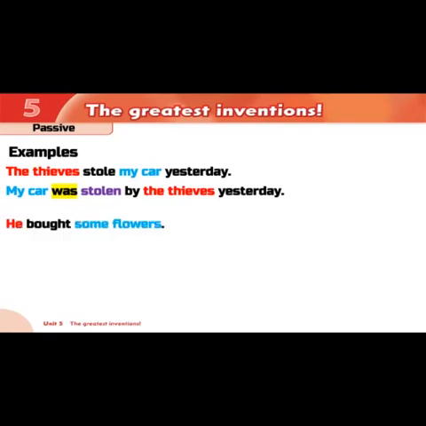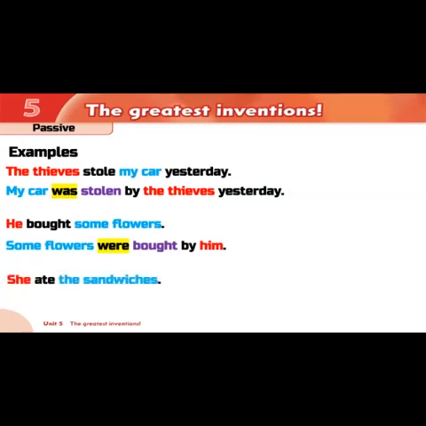The next one, he bought some flowers. It will be some flowers were bought by him. The next one, she ate the sandwiches. It will be the sandwiches were eaten by her.